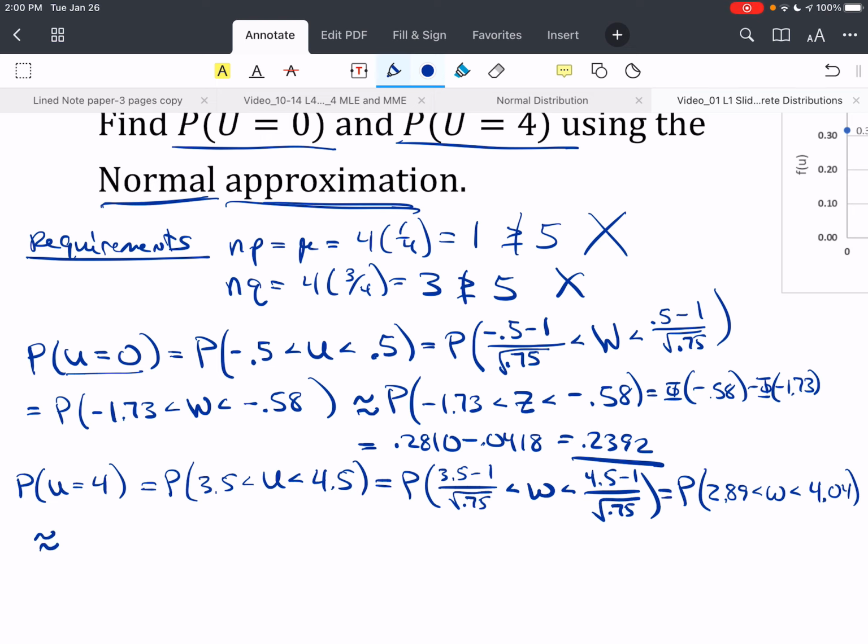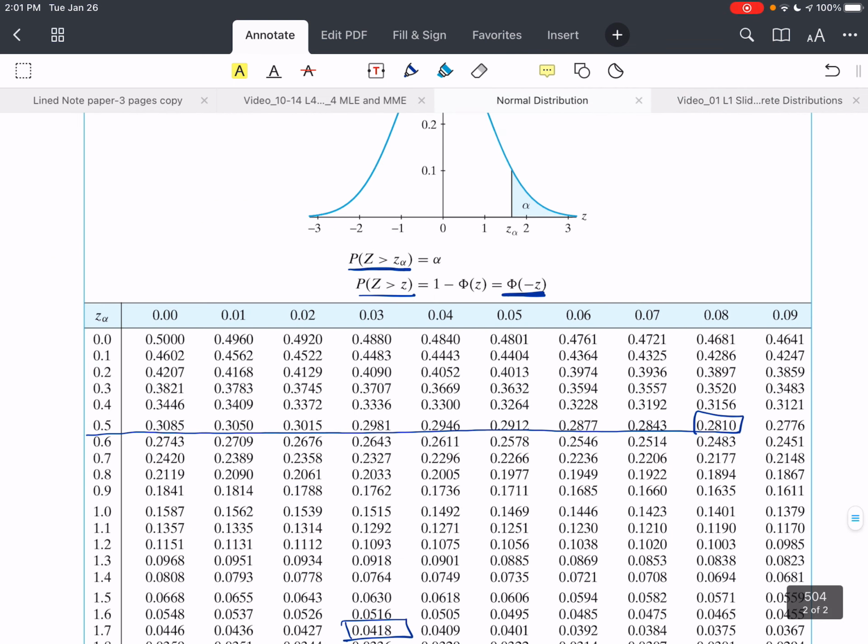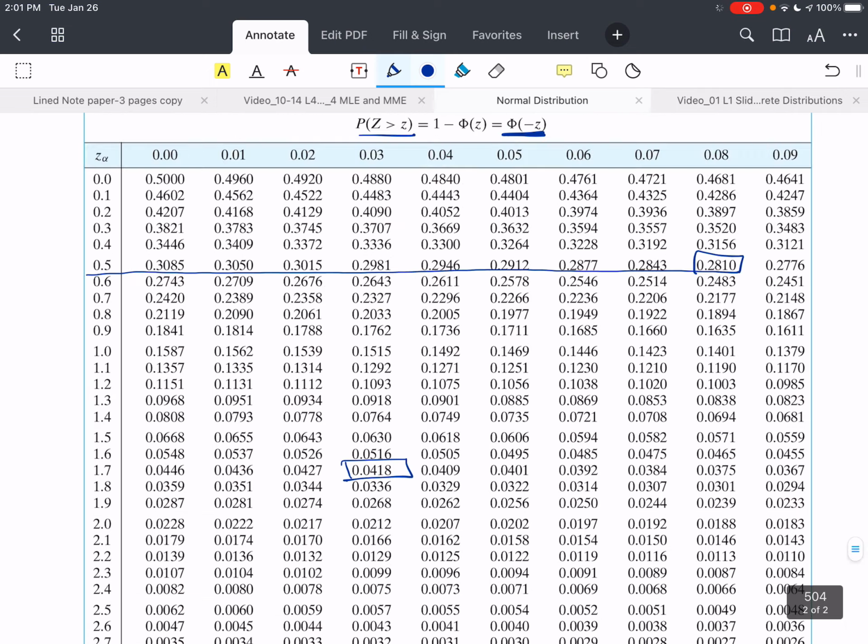Okay. Now for the approximation. We're going to say that's approximately equal to z between these two numbers, which is equal to phi of 4.04 minus phi of 2.89. Well, there's a problem. 4.04 is not in our table. So I want to give you the instructions on what you do in this case.